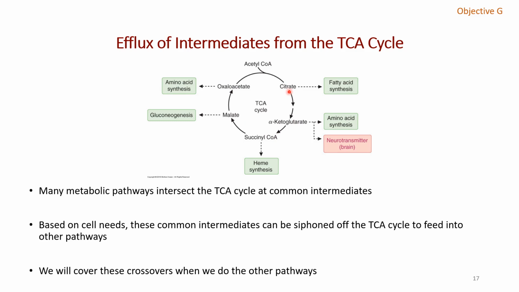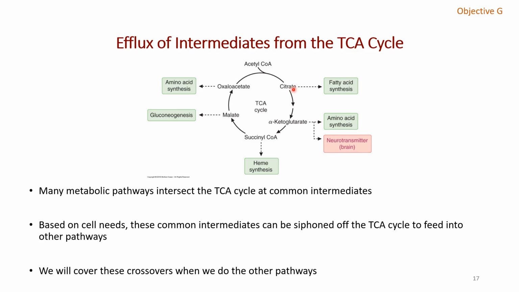Now, it doesn't mean that they pack their bags and jump in their car and drive away. That's not at all what it means. Rather, there is a pool or a collection or a supply of molecules in the cell. There is a supply of acetyl-CoA. There's a supply of citrate, a supply of alpha-ketoglutarate, and so forth. And at any given time, if the TCA cycle says, I want to take citrate and change it to isocitrate, it's just going to grab one of the citrates that's sitting there in the mitochondrial matrix, and it'll be converted to isocitrate.